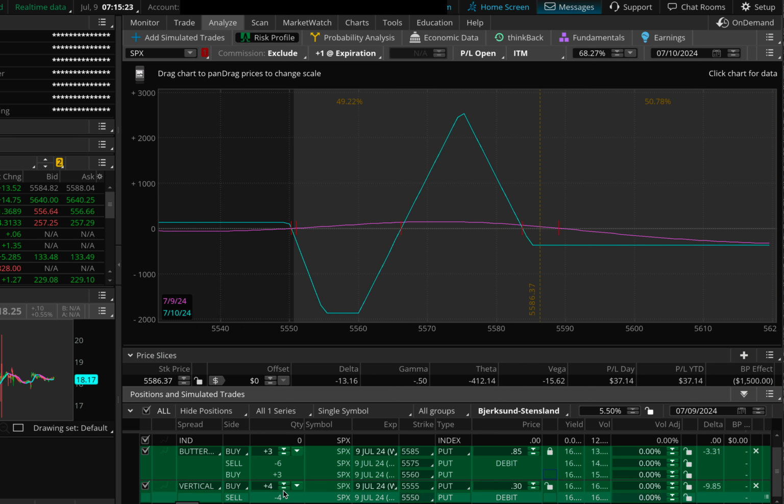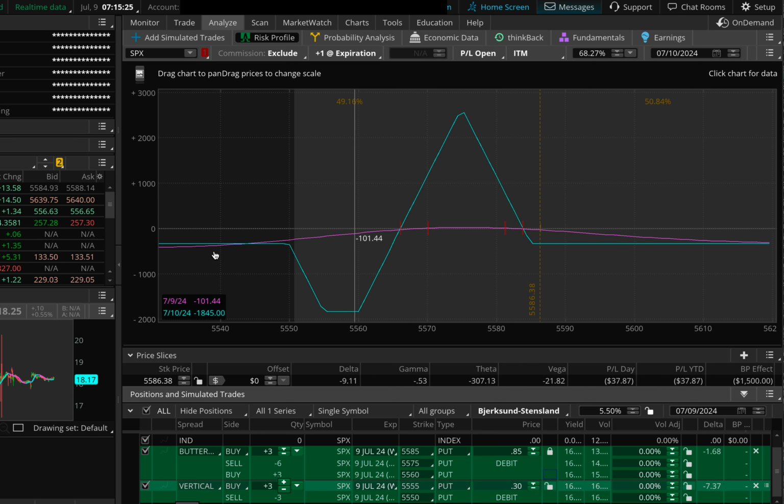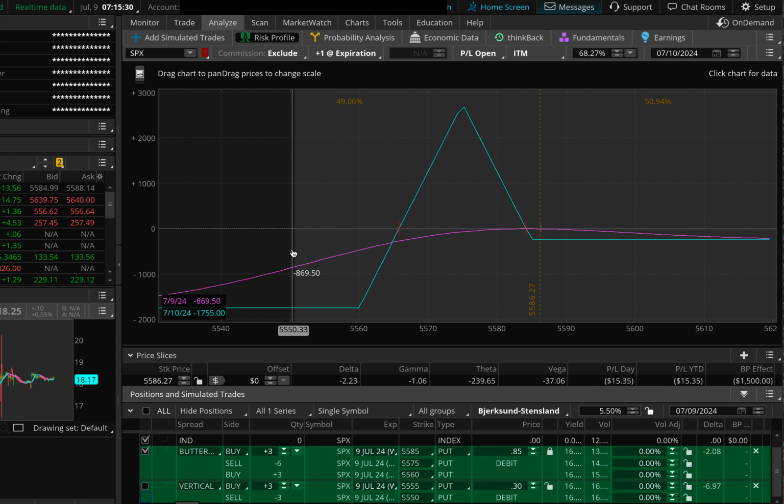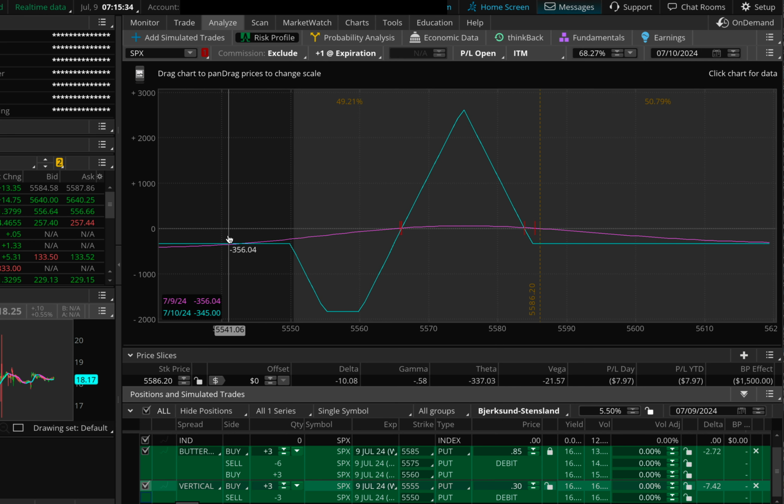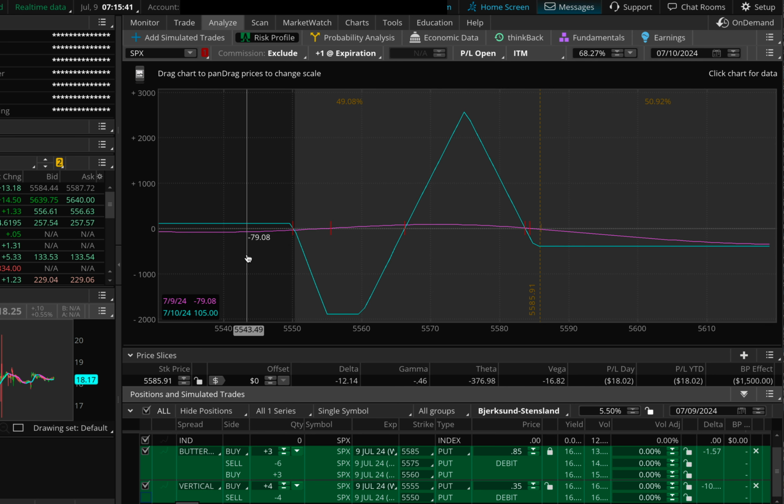So with 3 we're a little negative, but rather than have a total of 1755 risk down here without it, we have like a 345. That's significantly different. We could even do 4. We could actually make money if it were to crash down on that.